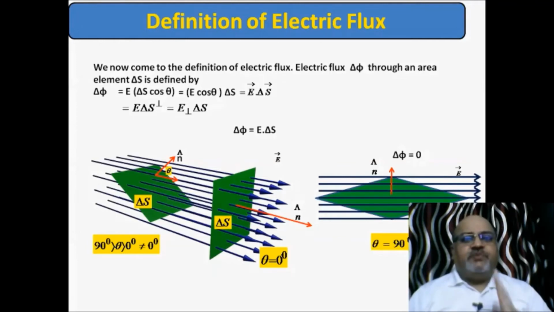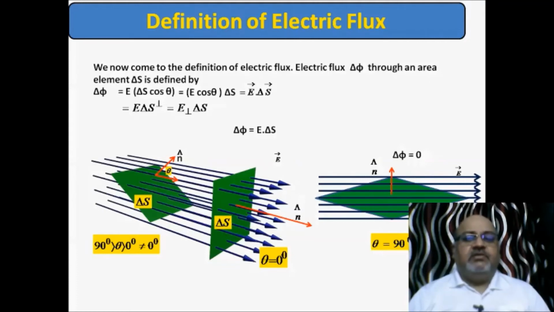So now if the area element is perpendicular to the electric field lines, electric flux is very high, maximum we can say. If the area element is tilted or inclined with E, this is not the maximum.